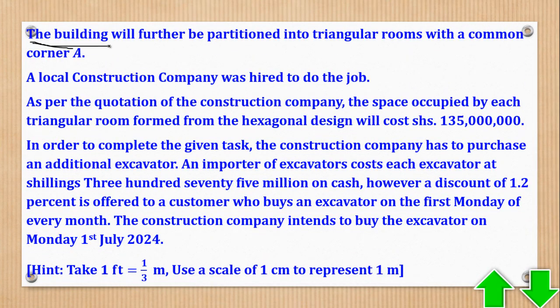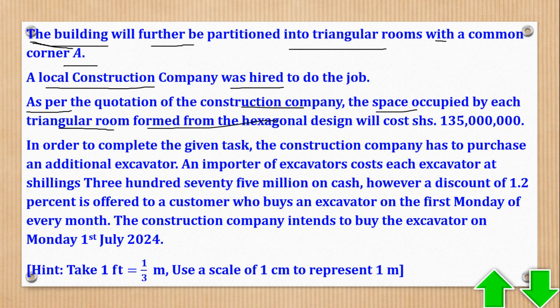The building will further be partitioned into triangular rooms with a common corner A. A local construction company was hired to do the job. As per the quotation of the construction company, the space occupied by each triangular room formed from the hexagonal design will cost shillings this, will cost shillings that.